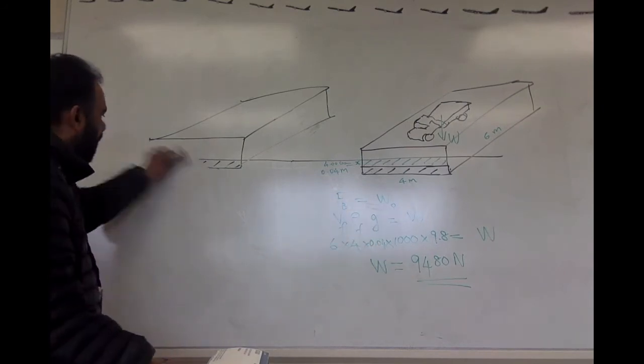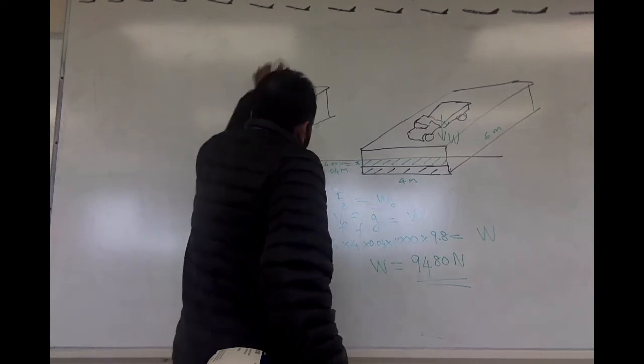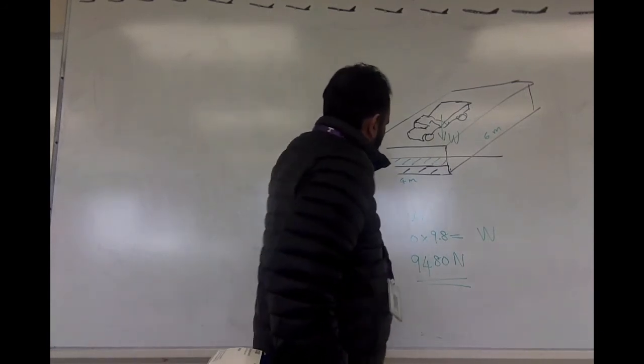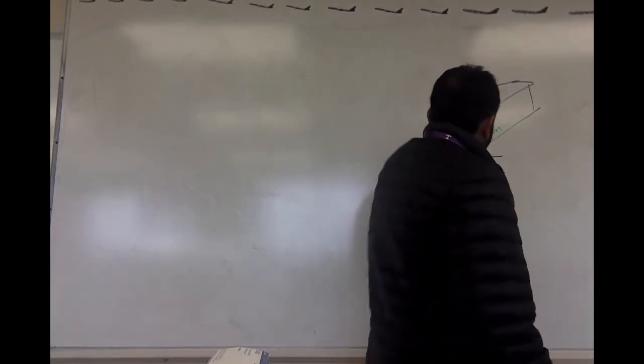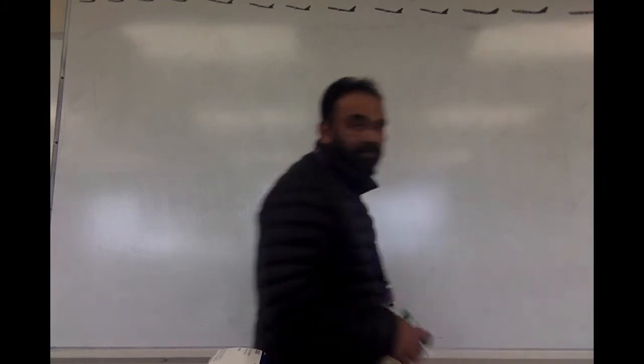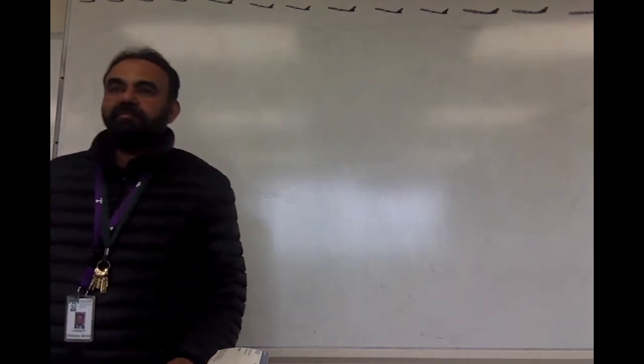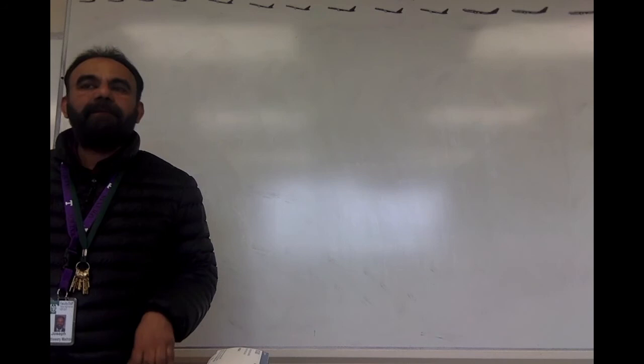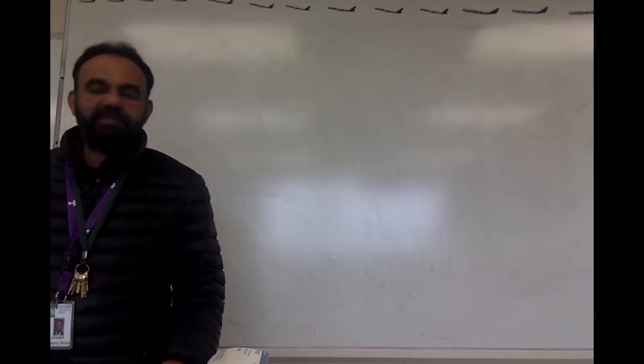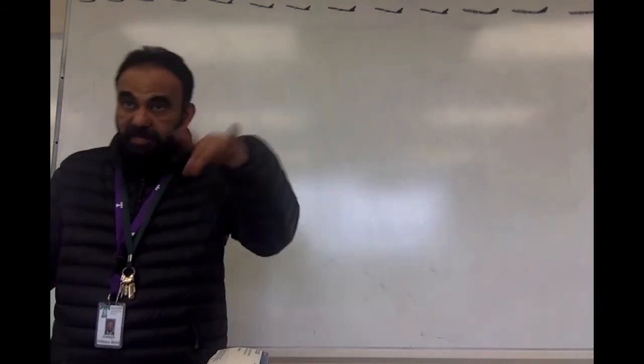Now the next question. Pretty easy if you ask me. So basically, the main thing you need to know is that if something is floating, the buoyant force equals the weight of the thing that is making it go down.